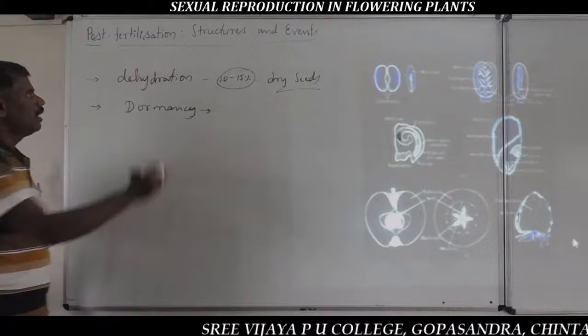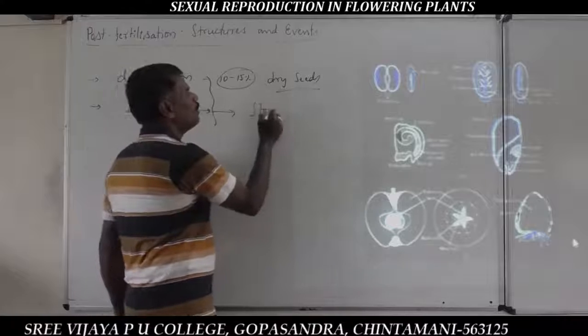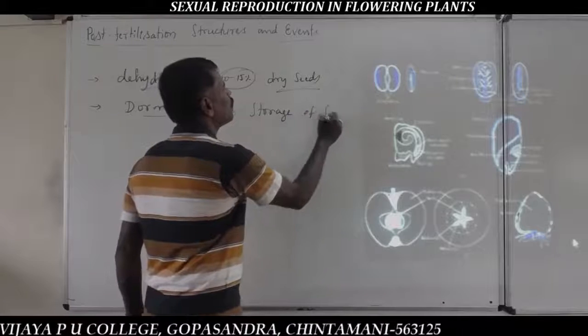Hence, dehydration and dormancy are very important processes which help in the storage of seeds.